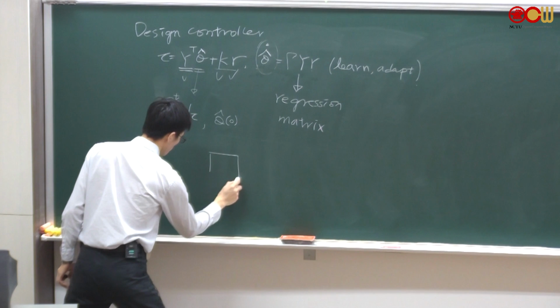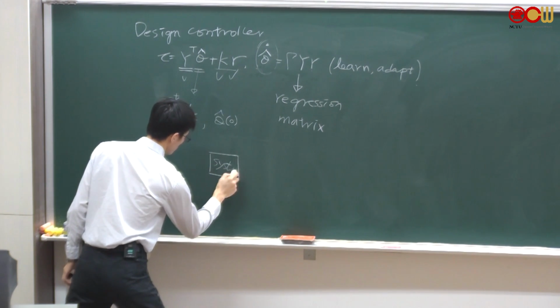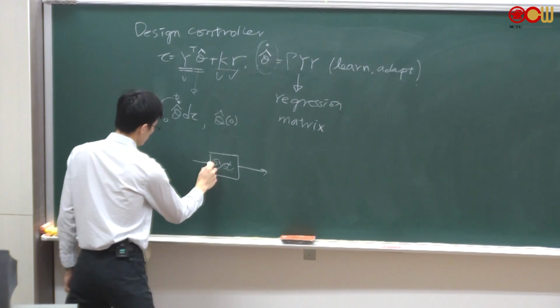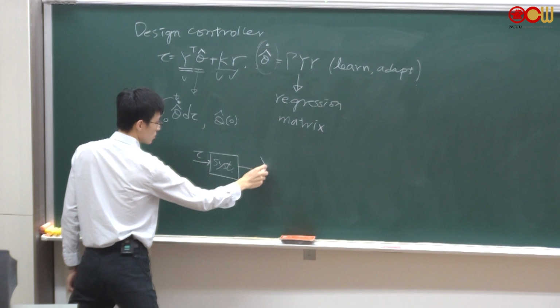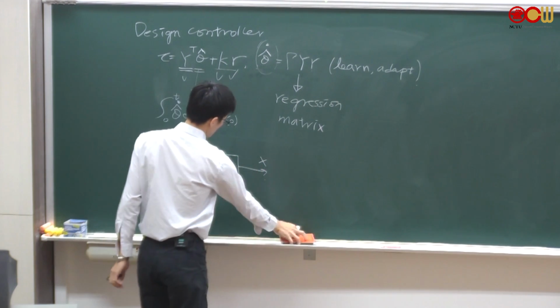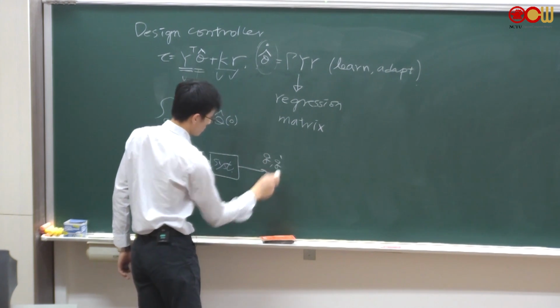In the block diagram, this is the system. It takes the input and generates the output, which is Q and Q dot.